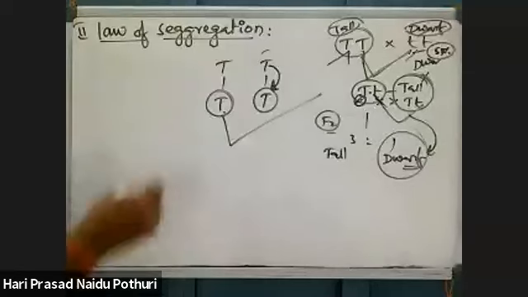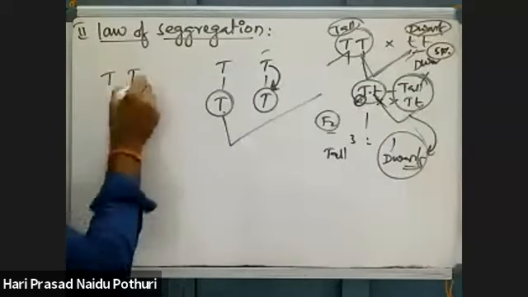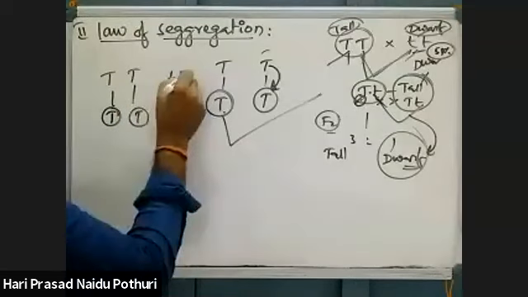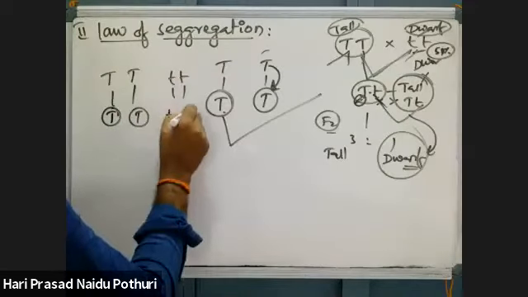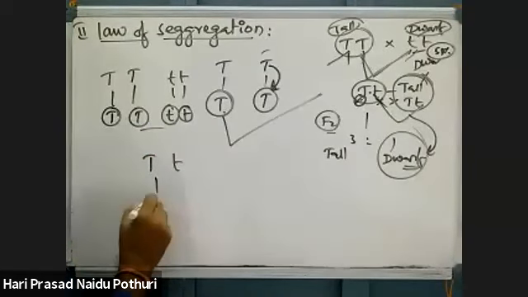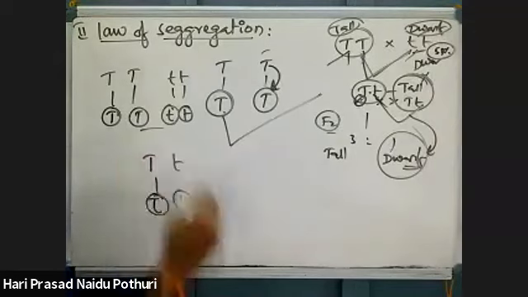A homozygous parent will produce two similar gametes, but a heterozygous parent produces two different gametes.